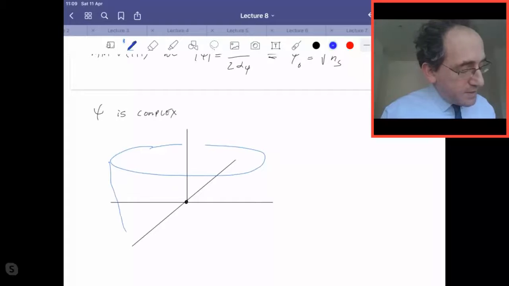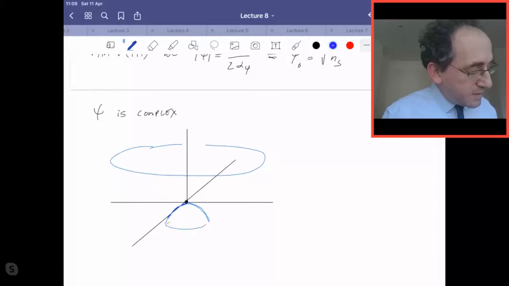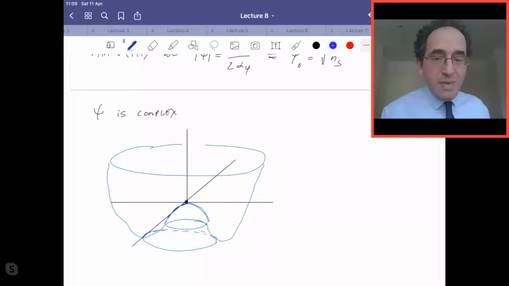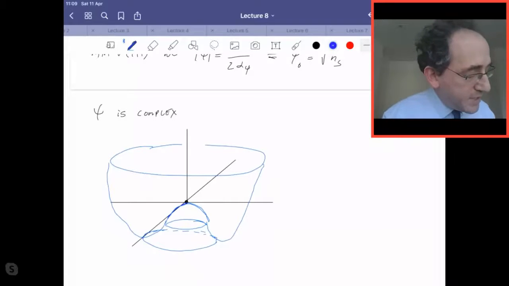It comes up like this, and then turns around and comes up like this. Okay, so it's what is typically called a Mexican hat potential.